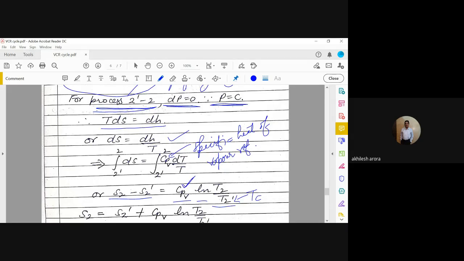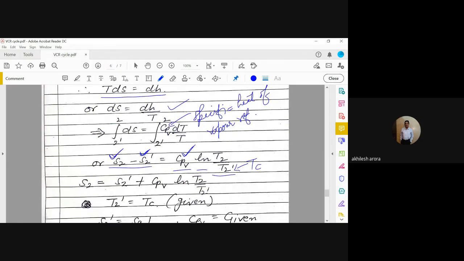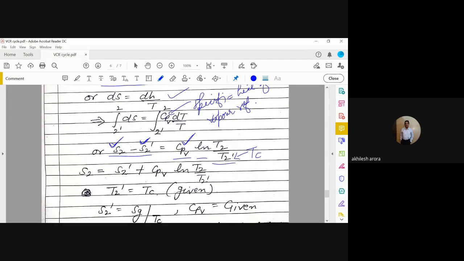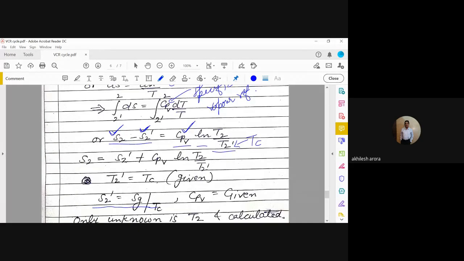And S2 we have already calculated, and S2 dash. What is S2 dash? I have written here, S2 dash is Sg corresponding to Tc value, and Tc is already known to me. So I can see the value of Sg from the refrigeration tables.